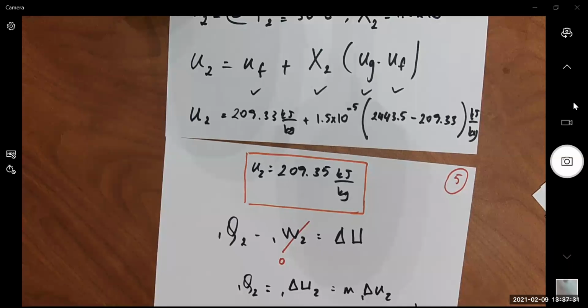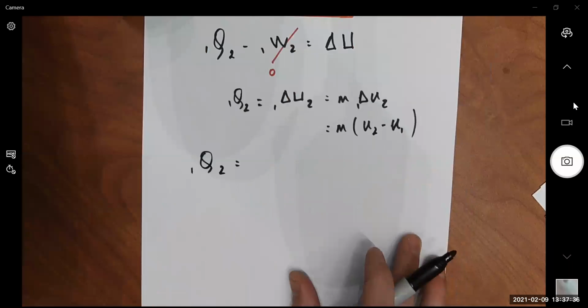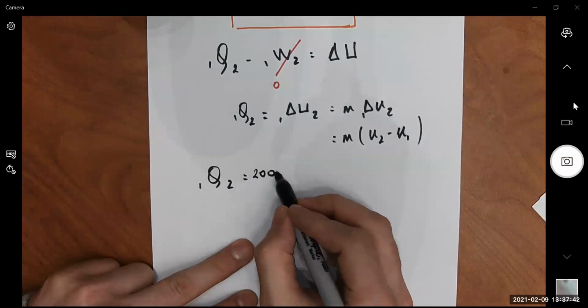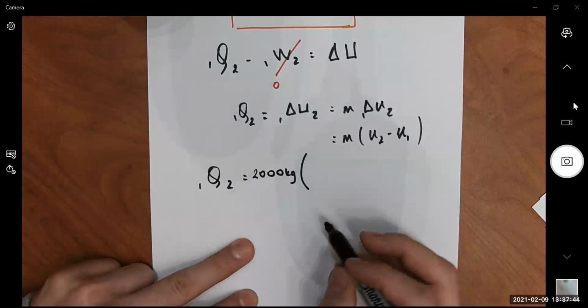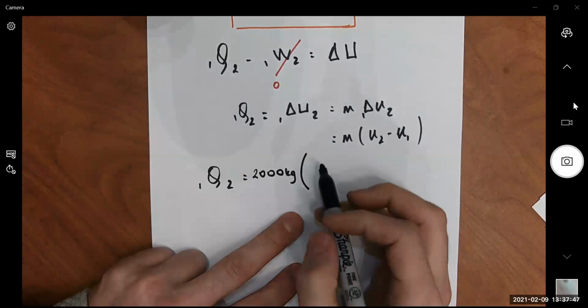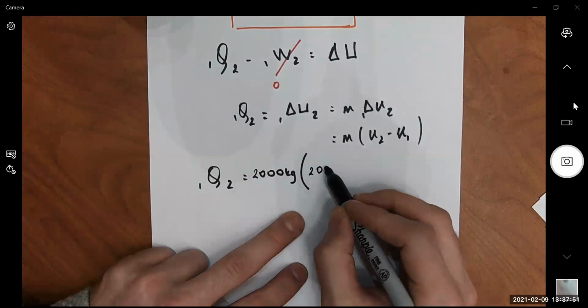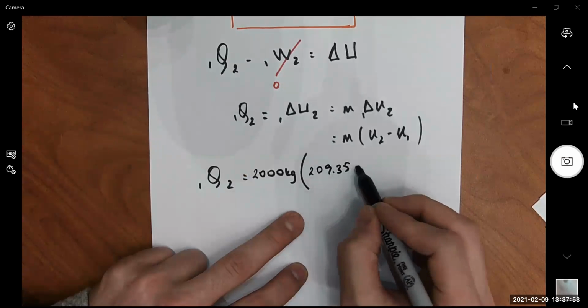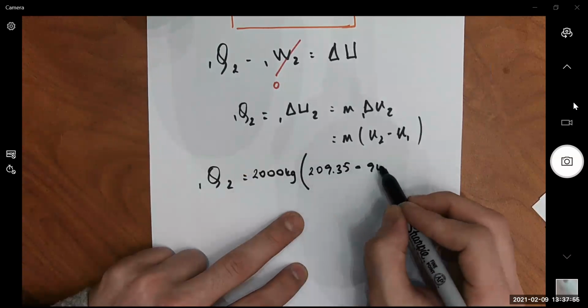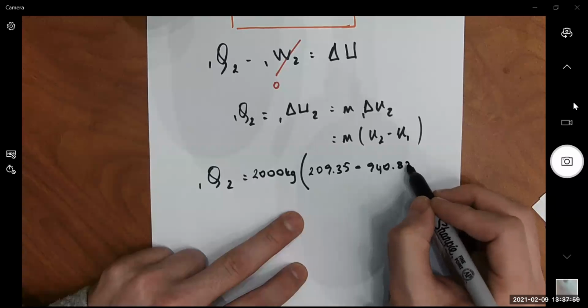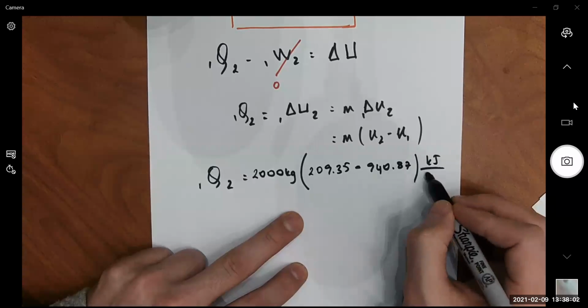So Q, heat transfer from state 1 to state 2, is the mass, 2,000 kilograms, times (U2, 209.35, minus U1, 940.7 kilojoules per kilogram).